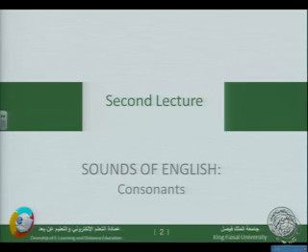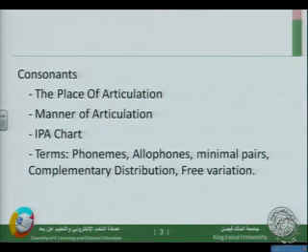So our class is going to cover only consonants, just consonants, حروف الساكنة في الإنجليزية. Okay, sounds of English consonants. We actually have 4 topics to talk about: the place of articulation, مكان النطق; manner of articulation, وحالة النطق; and the IPA Chart.